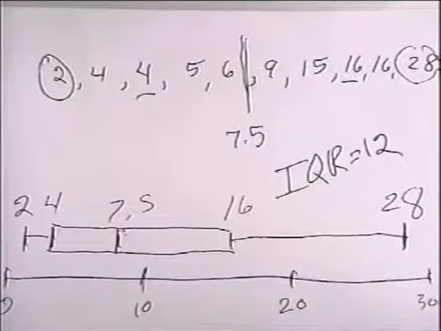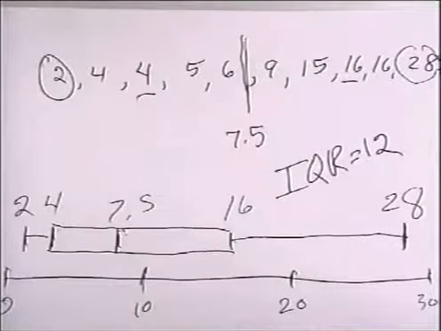Okay? This is what I'm going to use if I want to define whether or not I have any outliers. The definition of an outlier is that it is more than 1.5 times the interquartile range above the third quartile or below the first quartile. What do I mean by that? The IQR is 12. 1.5 times that is 18.